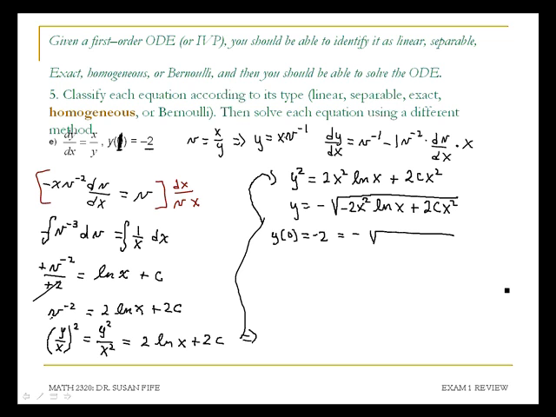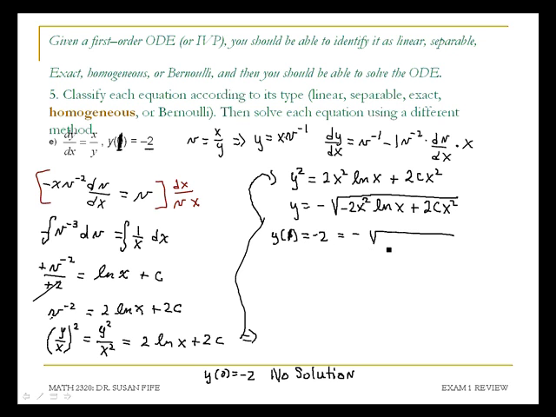Y of 0 equals negative 2, no solution, because you can't take the natural log of 0. But I promise on a test I won't give you one that says no solution. So let's make that a 1. I'll go back and change it on the practice test also.